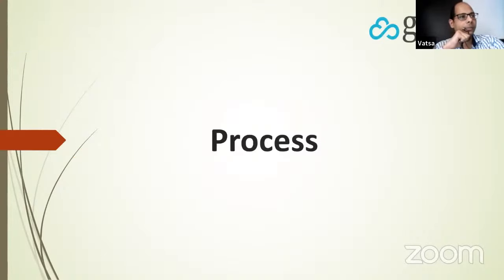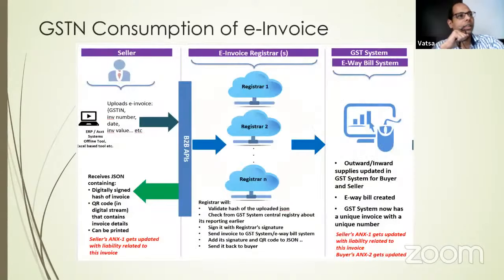Okay. Now let's talk about the process for generating an e-invoice. On the left-hand side of the screen, you have the seller. The seller prepares the e-invoice document in their software. The e-invoice document has to be prepared in a particular format. The best way I can explain it is that the e-invoice JSON is similar to your GSTR1 JSON.